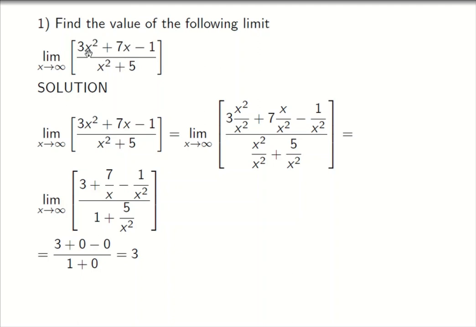Differentiating 6x plus 7 gives 6, and differentiating 2x gives 2, so I get 6 over 2, which is 3. So you can also use L'Hopital's rule, but I'm just showing you how you can manipulate your function to make it easier.